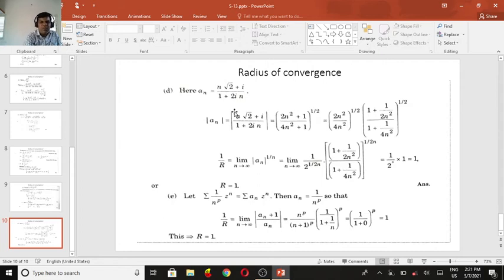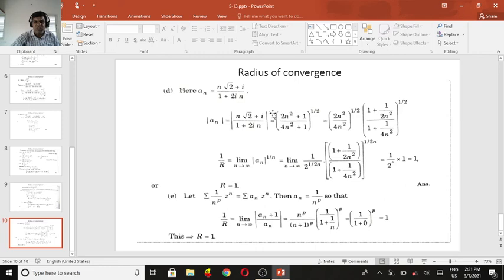If we apply this, we get (2n square plus 1) divided by (4n square plus 1), whole power 1 by 2. Taking 2n square common in the numerator and 4n square common in the denominator, we get 2n square divided by 4n square, whole power 1 by 2, times (1 plus 1 by 2n square) divided by (1 plus 1 by 4n square), whole to the power of 1 by 2.